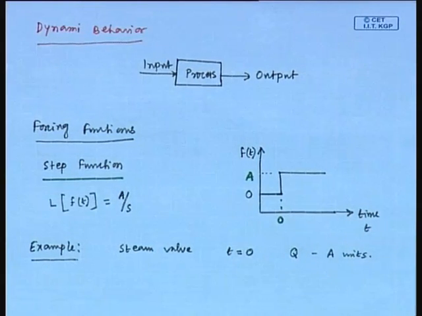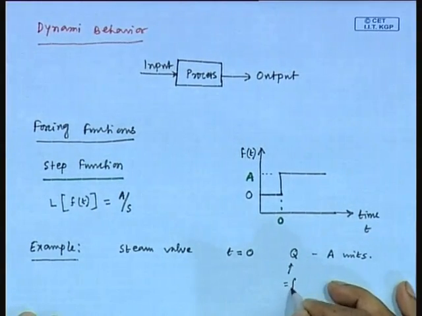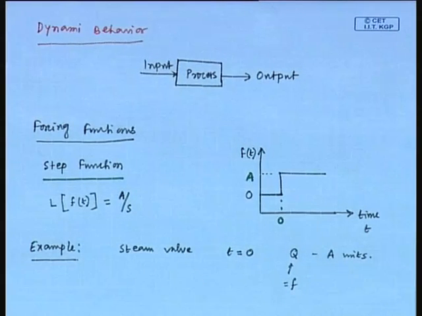Here Q is the steam flow rate, and that is basically f. So, if we change the Q by A units at time t equals to 0, that is the example of a step input. So, we can change the load variable, disturbance variable by this fashion to observe the transient behavior of the process. This is the first type of forcing function which is commonly used.